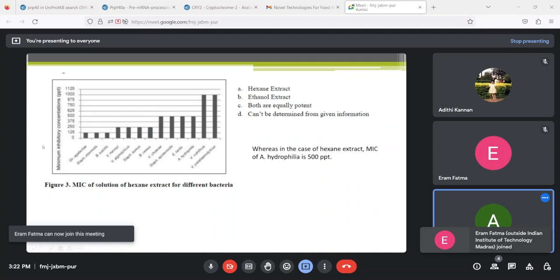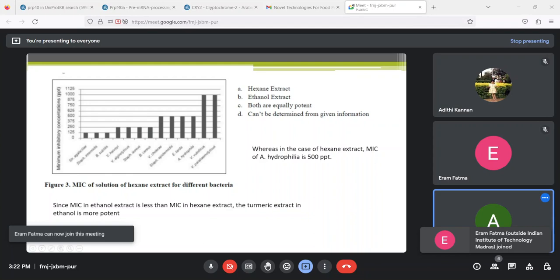So in this case, the hexane extract has a higher MIC, whereas the ethanol extract has a lower MIC, which means that against the same organism, if you have two different kinds of drugs given and one drug has a lower MIC, that drug is more potent. That is, if you have a stronger poison, only a small amount of doses is required, whereas if you have a weaker poison, a high amount of doses is required. So since MIC in ethanol extract is less than that of MIC in hexane extract, the turmeric extract in ethanol is more potent.